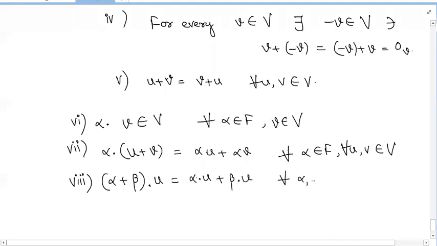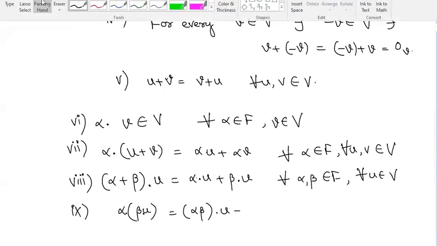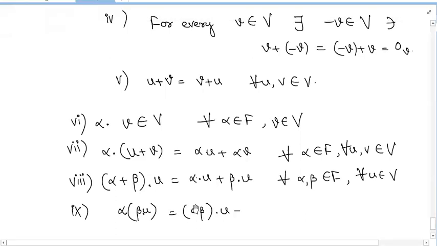Another one is alpha dot (beta dot u) equal to (alpha beta) dot u.